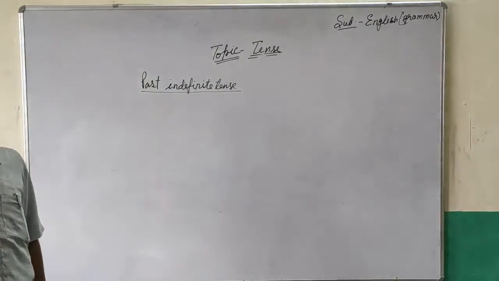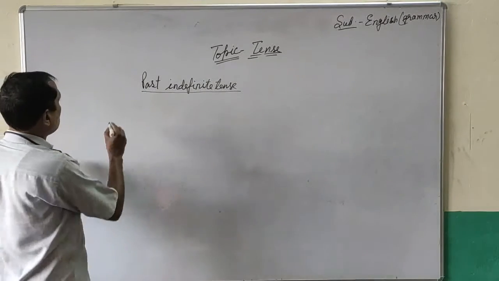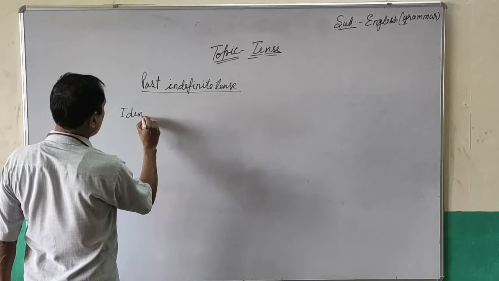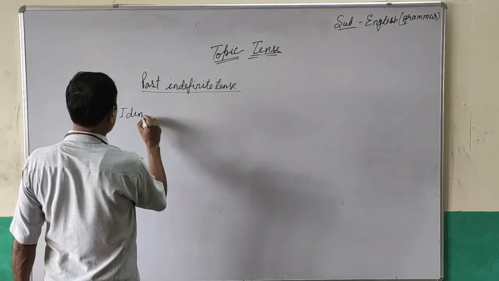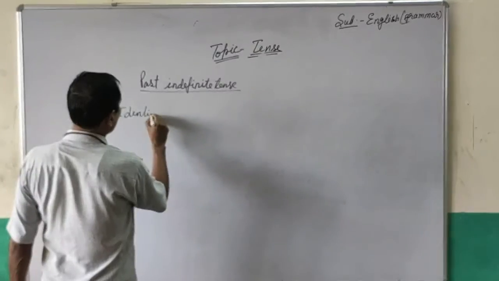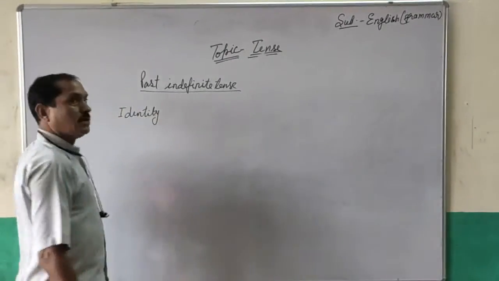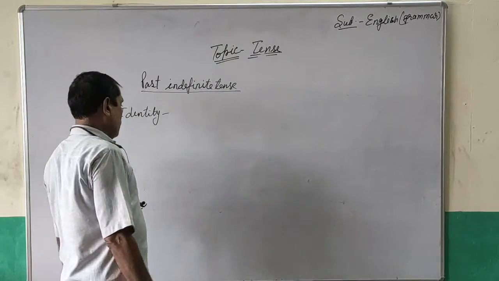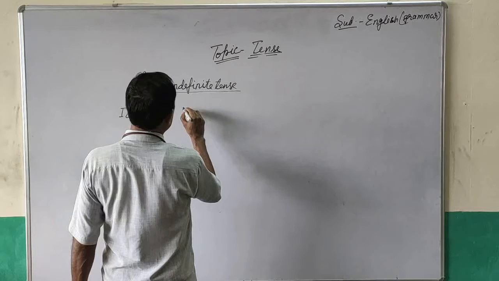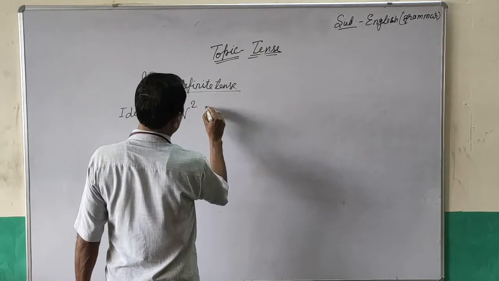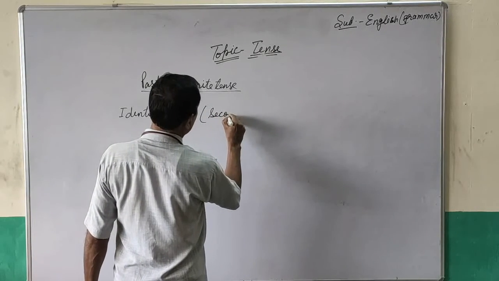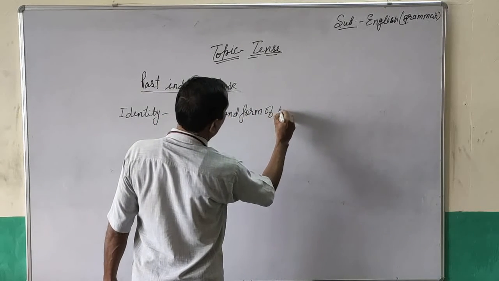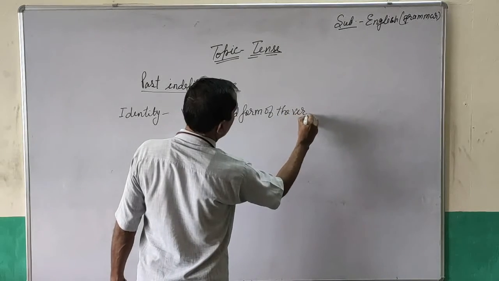How do we identify? First of all, identify. In the sentence we use the second form of the verb.